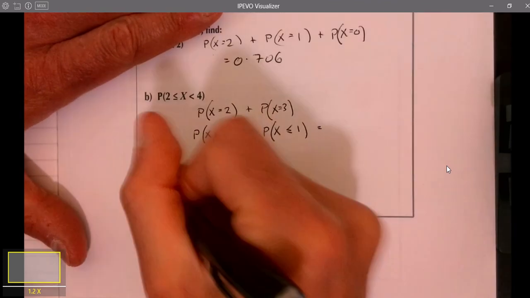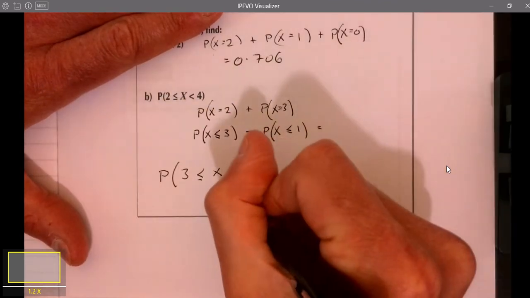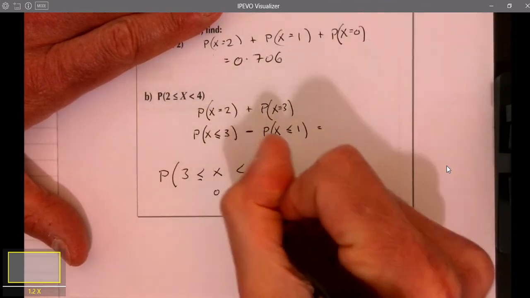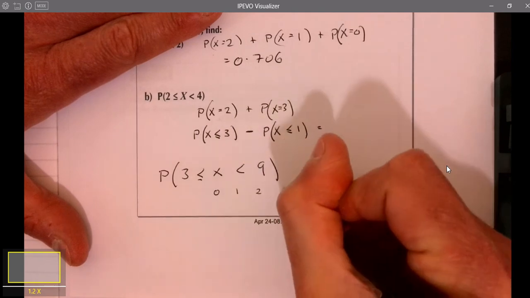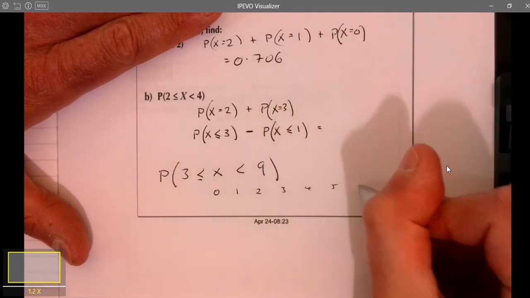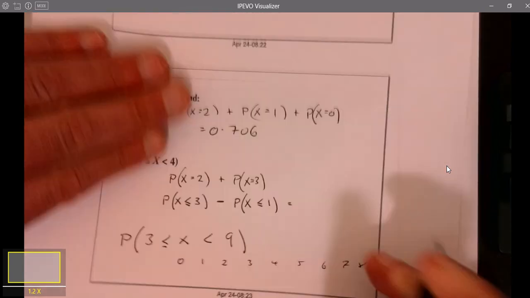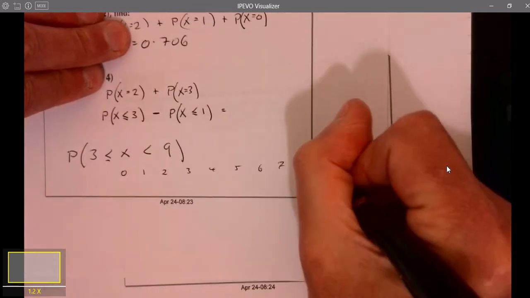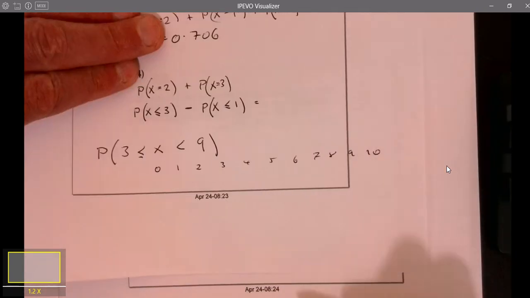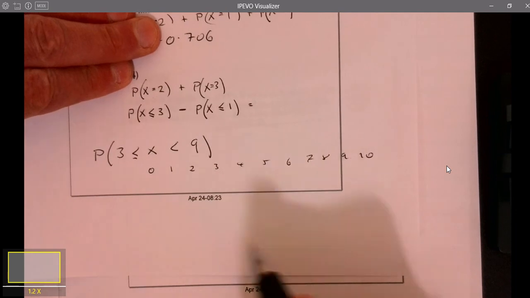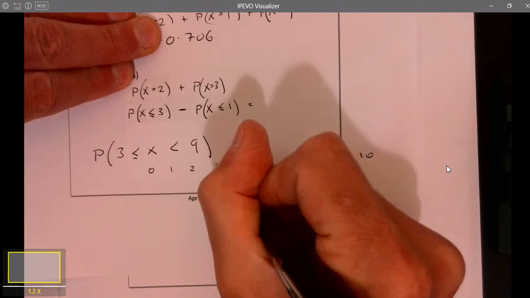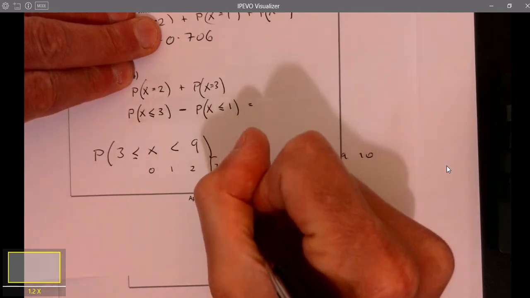If you're a little bit unsure, it's not a bad idea to write out the different possible values of x: 7, 8, 9, 10, and then highlight, and round off. What could it be? It's from there.